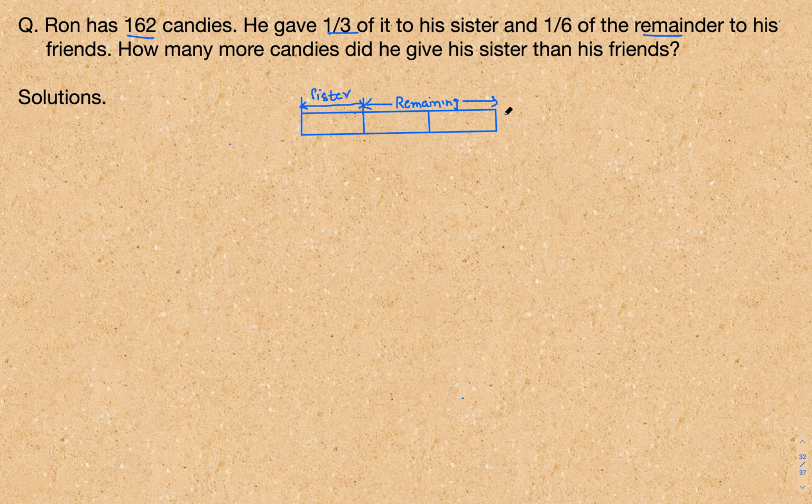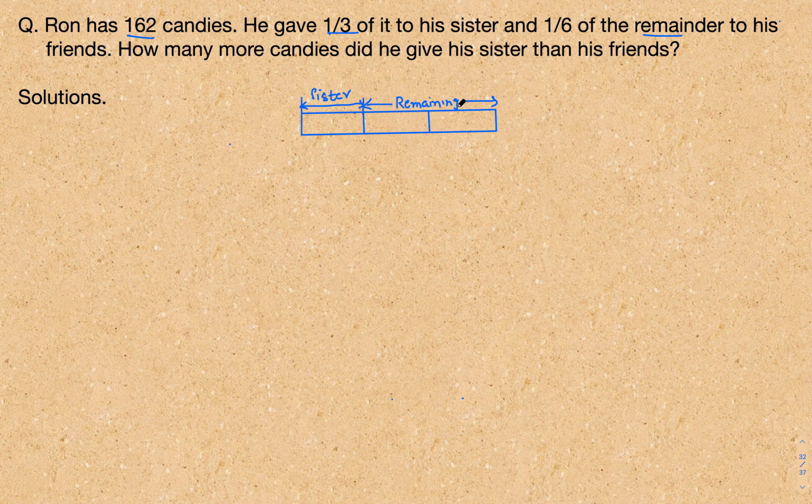However, in the question they are saying he gave 1 by 6 of the remainder to his friends. That means we should be having 6 units here. But what we have here is 2 units. So how do we convert these 2 units into 6 units?